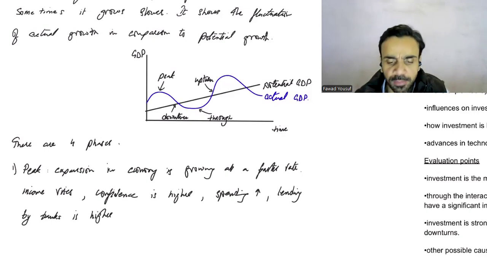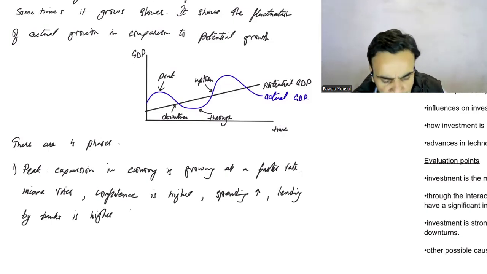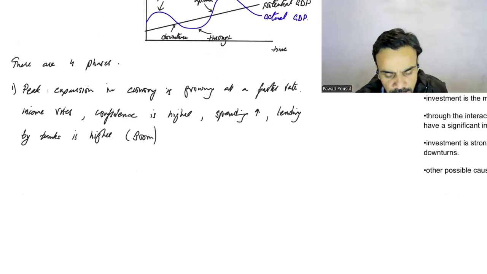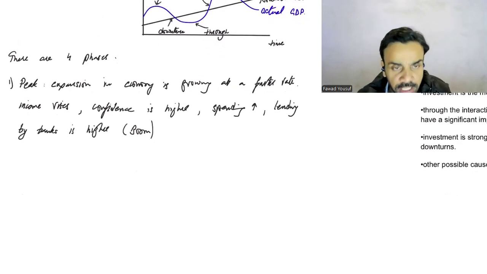Risky projects are being taken, also known as the boom. The economy is going through a boom cycle. All right, this much detail is enough. I don't want to spend too much time on this. There are many more things to talk about ahead.